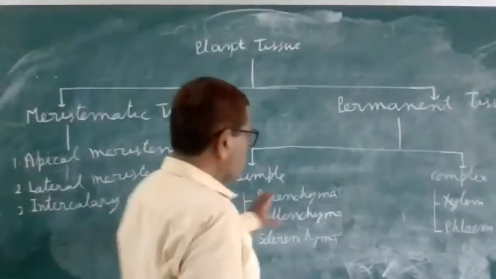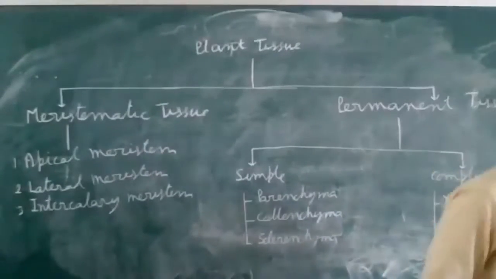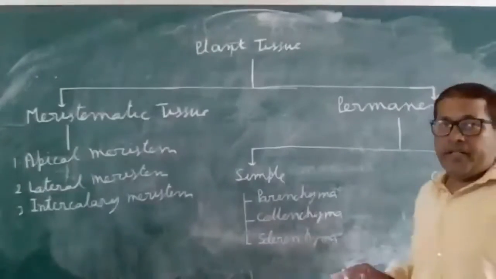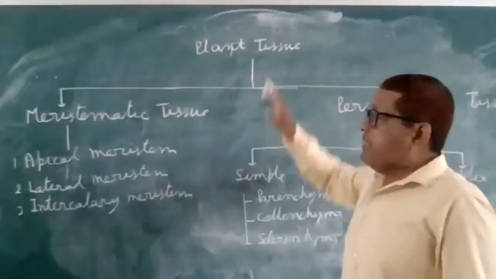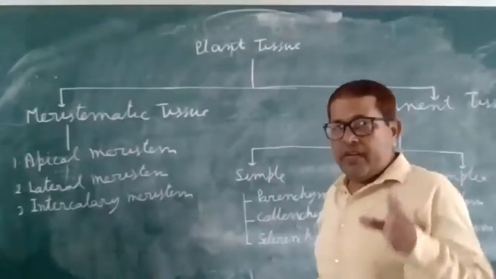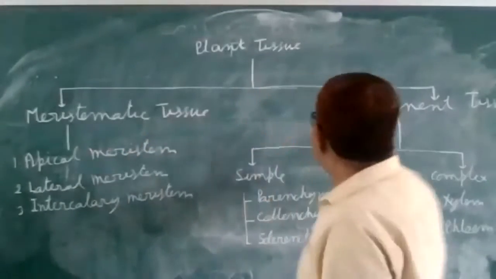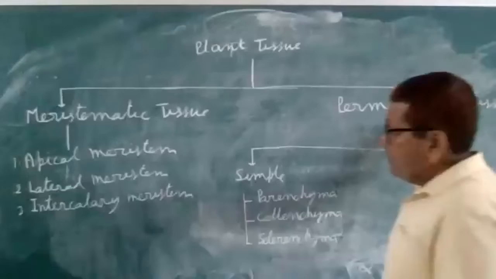So these are different types of plant tissues. Plant tissue is broadly classified into two categories. Number one is meristematic, and second one is permanent.